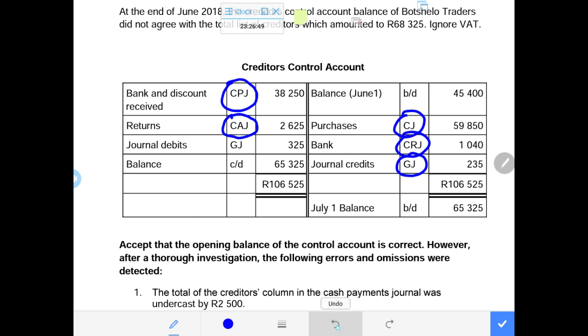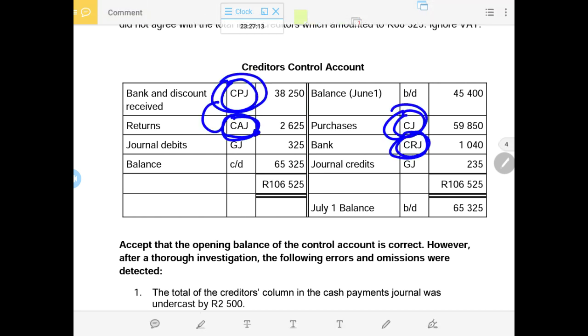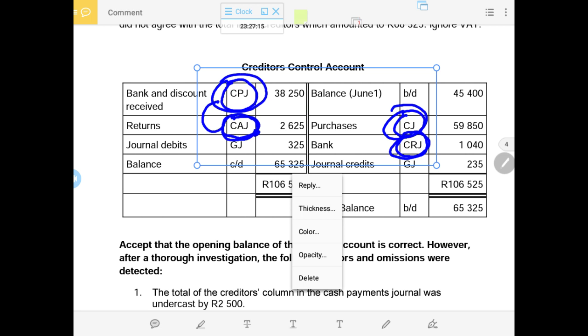The transaction most of the time will tell us which of these the error affects. Was it a payment that was understated or overstated in the cash payment journal? Or was it a return, which is the creditors allowance journal? Or was it a payment? Or was it on the purchases? Or was it on the cash receipt side, or a general journal that was made in error?